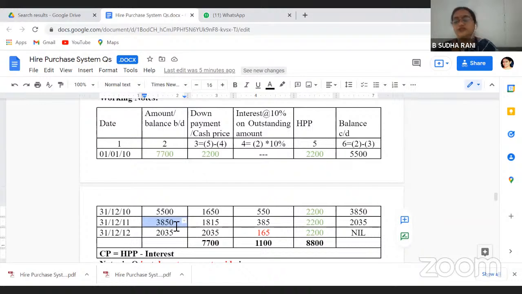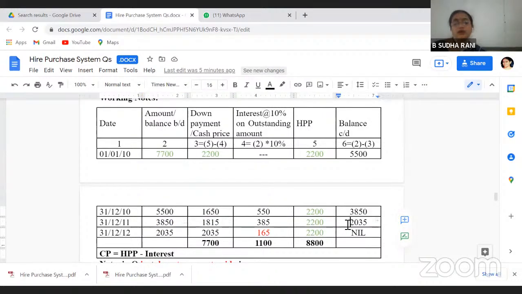You got 385. Whatever interest you got, you subtract from the installment that you are paying, the hire purchase price. So 2,200 included 385 rupees of interest and 1,815 rupees of cost price of the asset in that particular installment. This 1,815 asset value is to be appropriated from the 3,850.